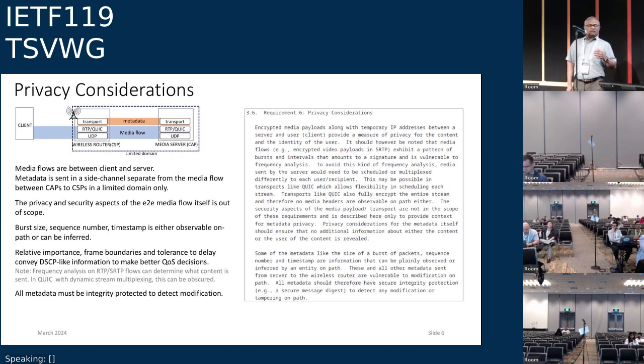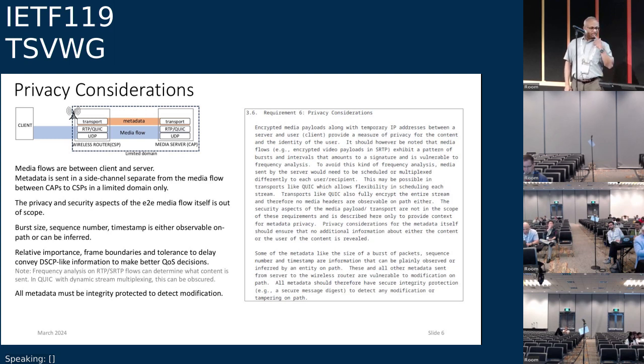One of the broad considerations we've put in is that it should reveal no further information about a user or the content. But I think we perhaps need to enhance this to cover all the privacy considerations from 6973, for example. That's something we may look at.